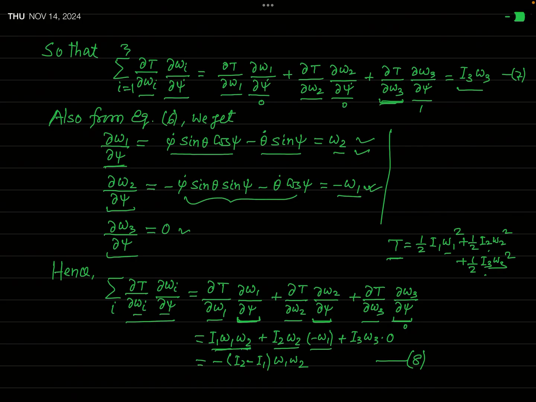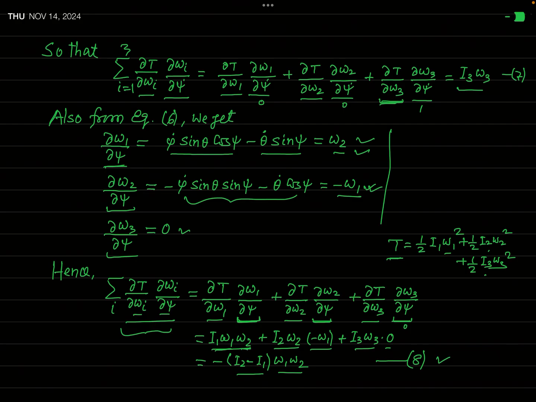This is del T by del omega 3, which will be I3 omega 3 times 0. So this will be 0. Now if you take minus 1 as a common factor, then this becomes (I2 minus I1) times omega 1 times omega 2. Okay. So in this way we have evaluated the value of this term, which is the second term in the RHS of equation 5.